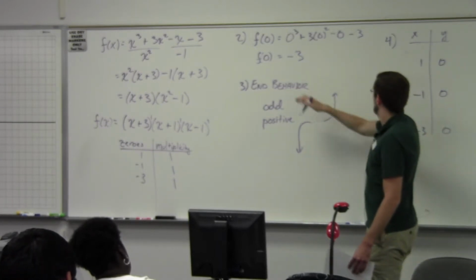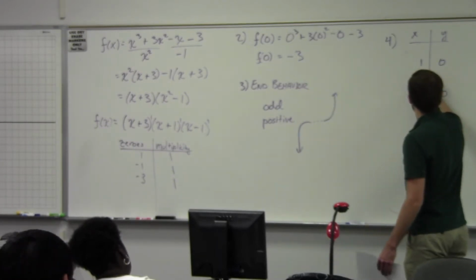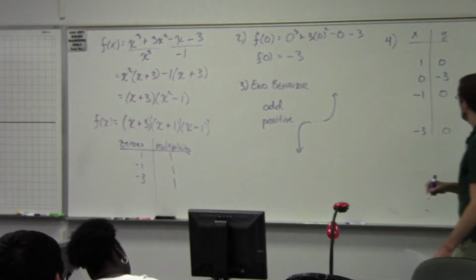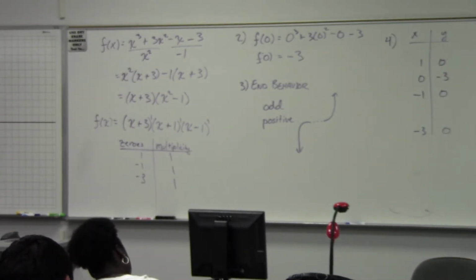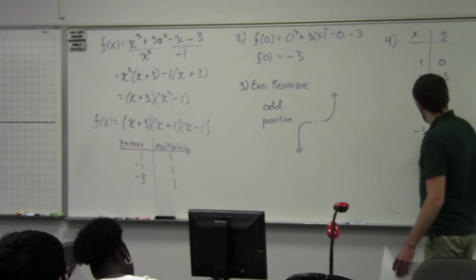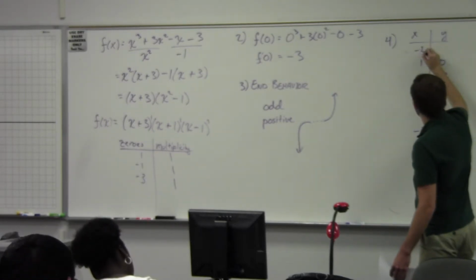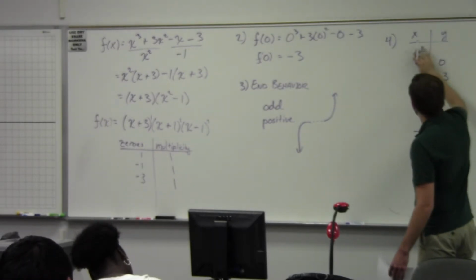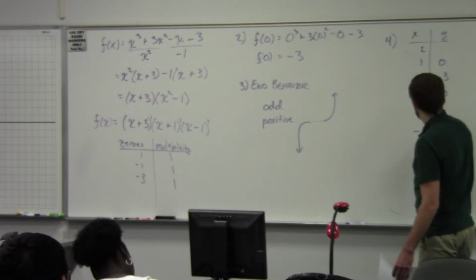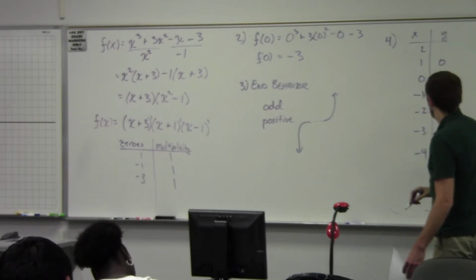And then I have 0, -3. My last step is now I need to pick points around here to get an idea of what my graph is doing. All right, so let's pick like 2. Here we'll do -2 and -4.